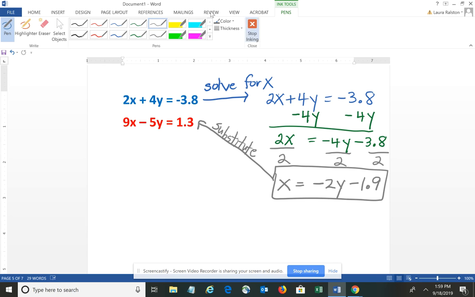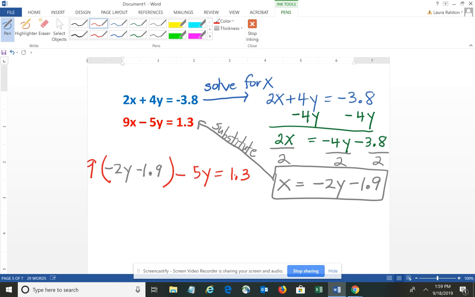So if I do that, I have 9 times, and in place of x, I put negative 2y minus 1.9, minus 5y equals 1.3. And then I have a good old basic equation that I need to solve for y.